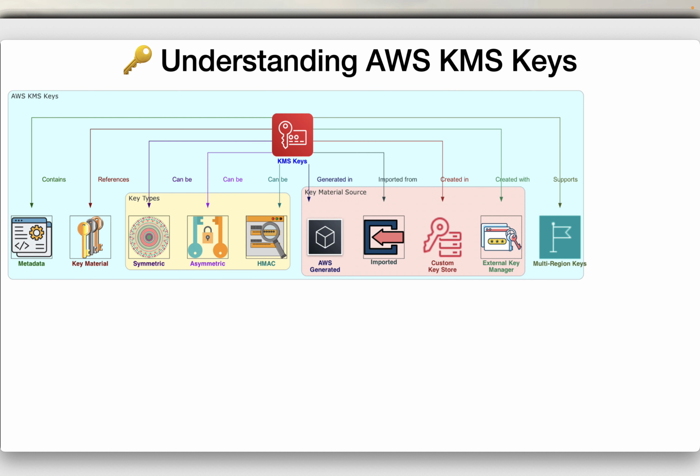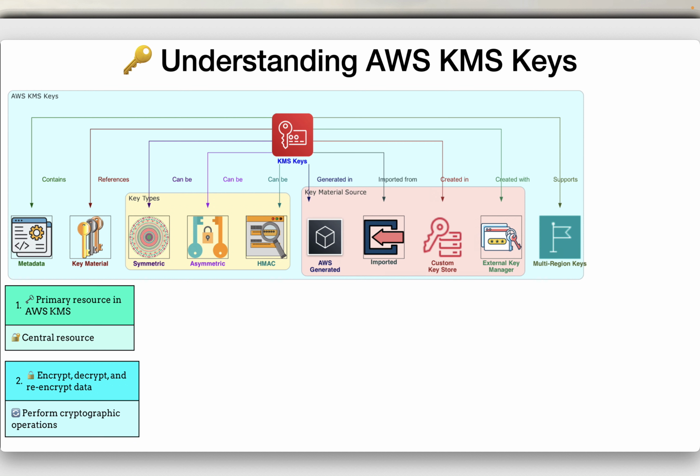So let's see a bit in detail about AWS KMS keys. Understanding what AWS KMS keys are. AWS KMS keys are the central resource in the AWS Key Management Service, so they are called KMS keys. KMS keys can be used to perform encryption, decryption, and re-encryption operations on data.